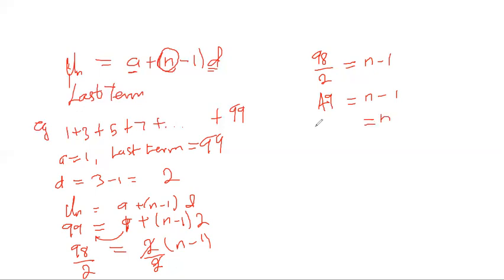So n will be equal to 49 plus 1, and our n will be 50. So we shall say there are 50 terms in the series 1 plus 3 plus 5 plus 7 up to 99. Any questions before I proceed?